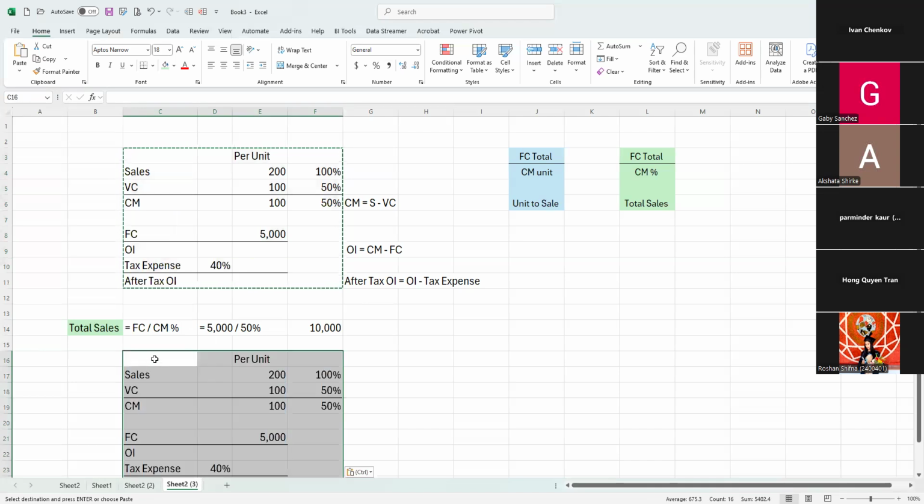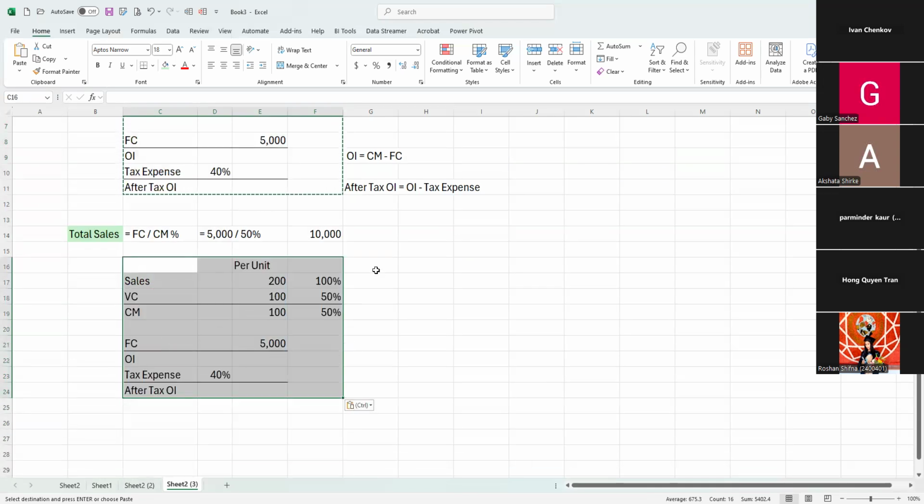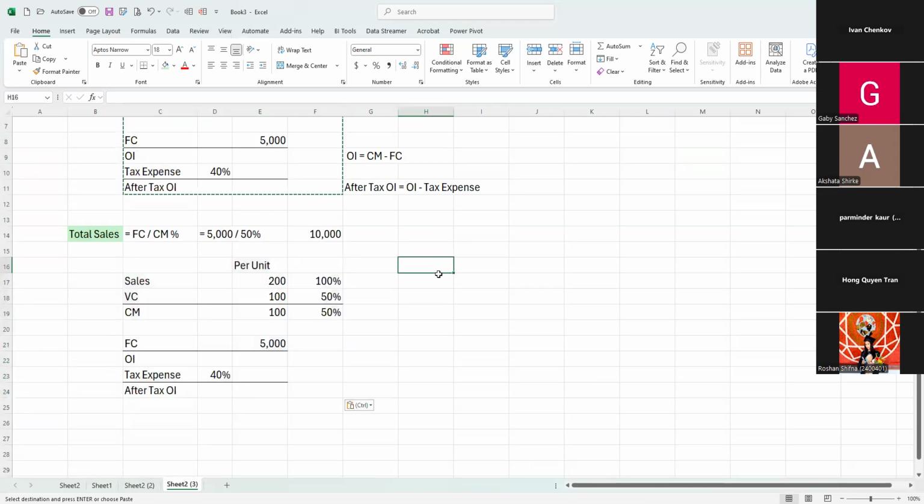See, and I'm gonna paste it here. That's per unit. So now I'm selling 10,000 units. No, 10,000 should be my total sales. If my total sales are 10,000, that means my contribution margin here will be 50%, correct?